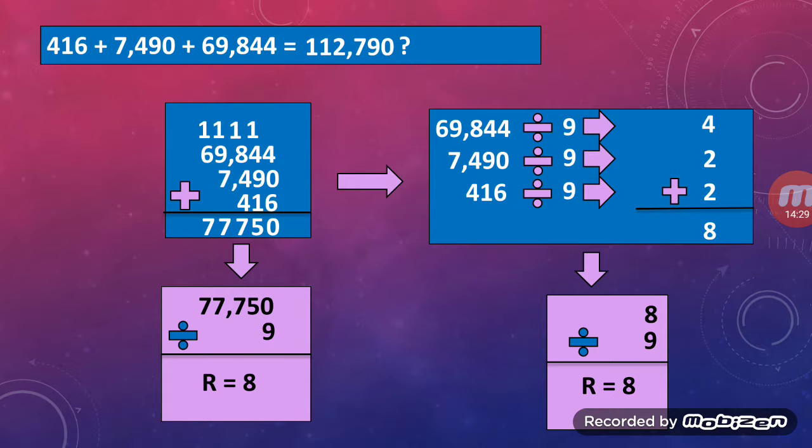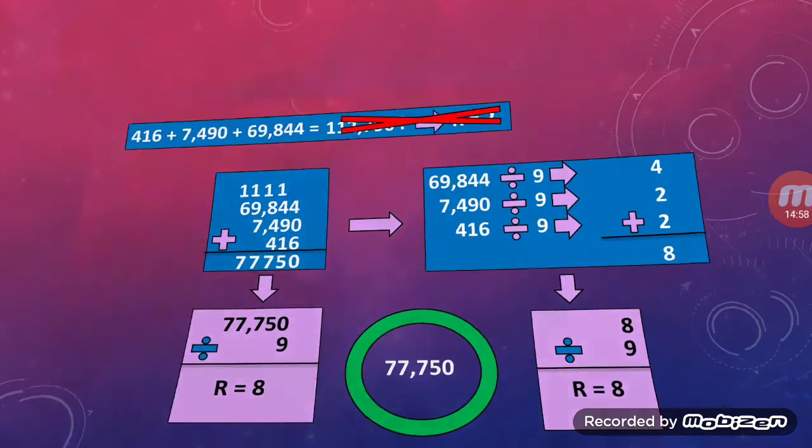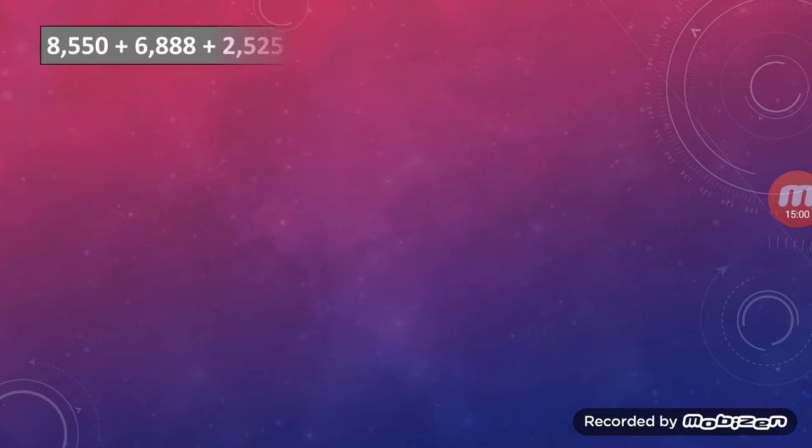So, because we've tested this by counting out nines, we can see that 112,790 divided by 9 will yield a remainder of 2, which means it is not only the incorrect answer because of the standard addition, but also because the remainder number does not match up. Therefore, our actual answer is 77,750.